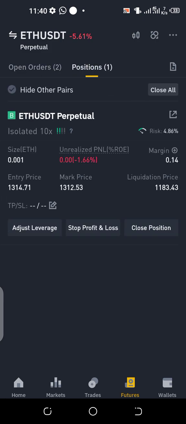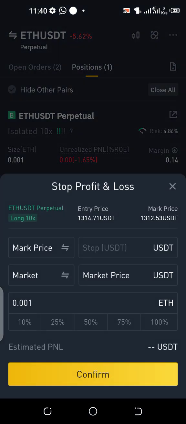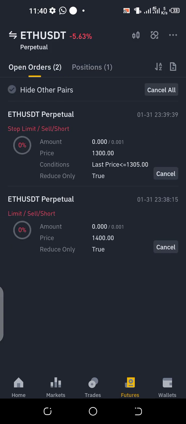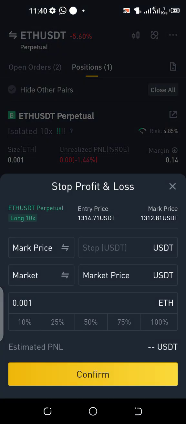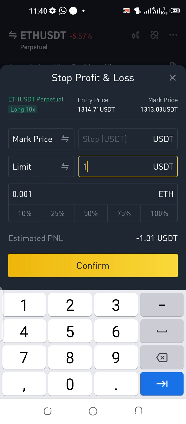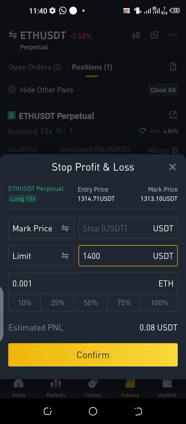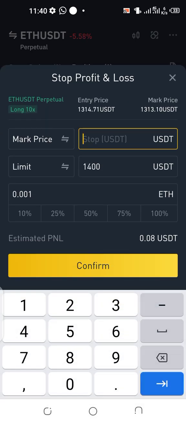On the other hand, I can place a take profit using that same stop loss, although technically what I've done here with this close position order using a limit order at 1,400 is a type of take profit. But if I want to do something a bit different, I can click on stop profit and loss and place an order to take profit at a certain level. So I change market to limit and place my take profit limit at 1,400, and then I put a mark price at which the order will be triggered.